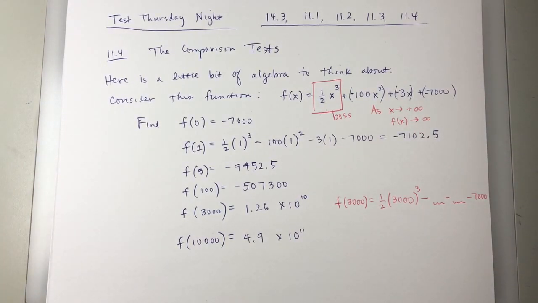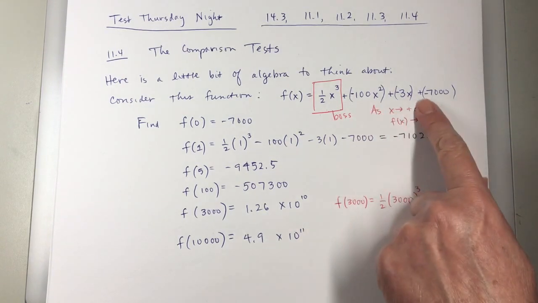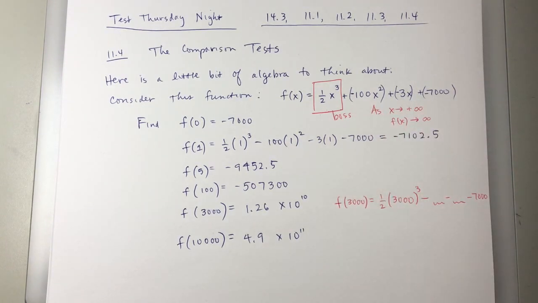And these other terms that you were subtracting end up not mattering. That's very similar to what we're looking at when we use these comparison tests. So I'm going to go ahead and write up the first comparison test, and we'll do some problems, and I'll show you what you need to look for in these problems.